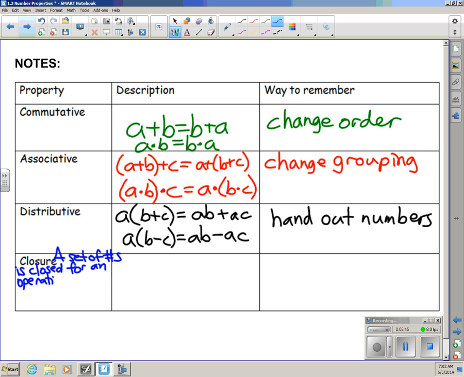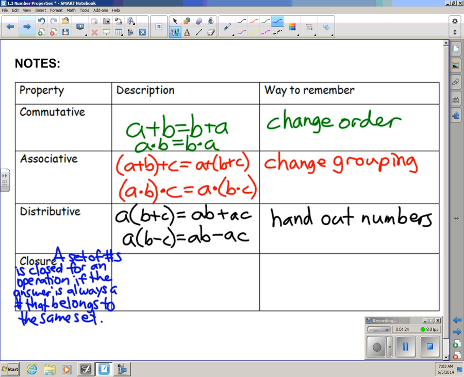The operation could be adding, subtracting, multiplying, or dividing, if the answer is always a number that belongs to the same set. Okay, so if you have some room, you want to put that on your sheet.